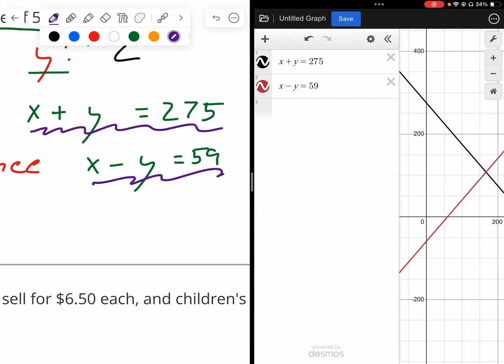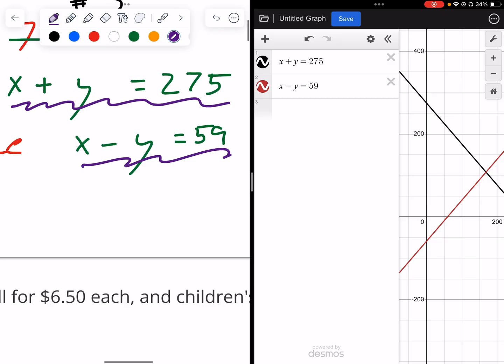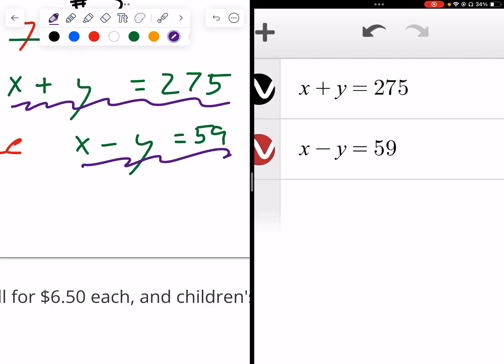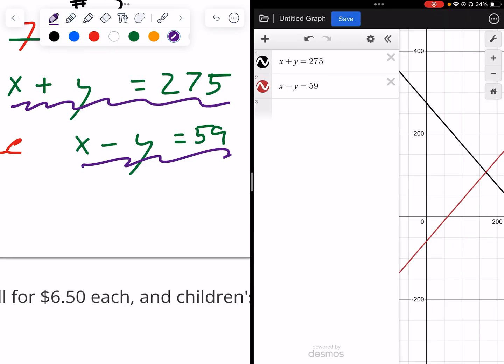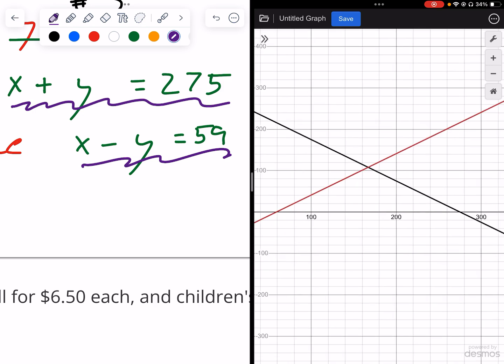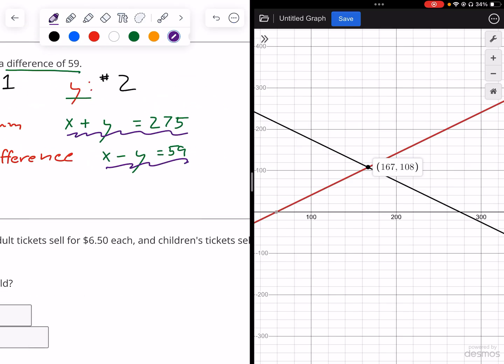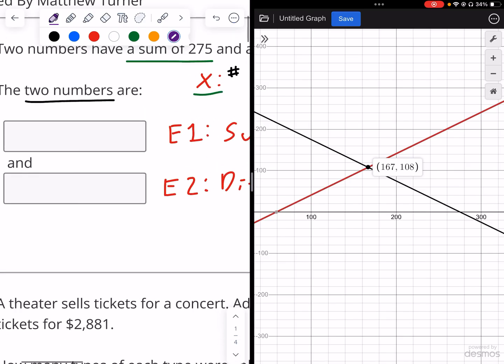Again, double check, make sure that you have typed them in exactly how we wrote them down. And you might have to zoom out, find your two lines, and that's where they cross. Your answer is just going to be one number, which is 167, and our second number, which is 108.